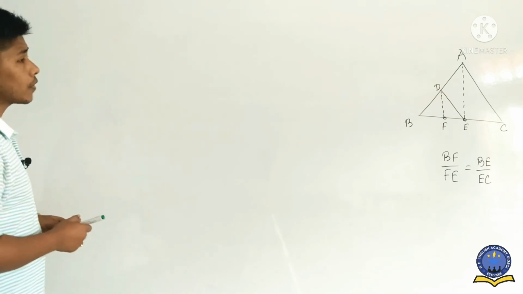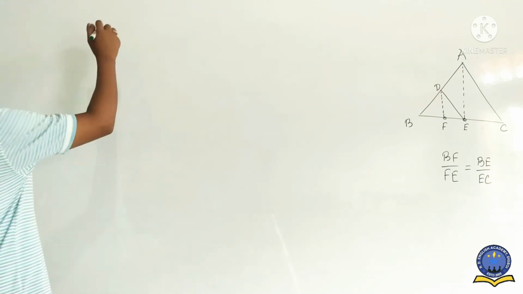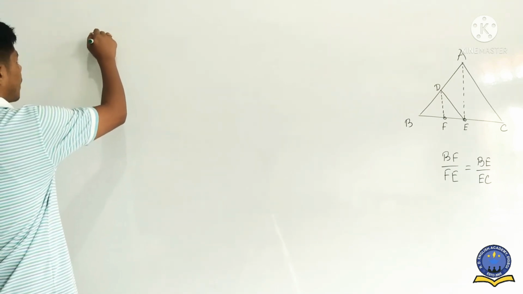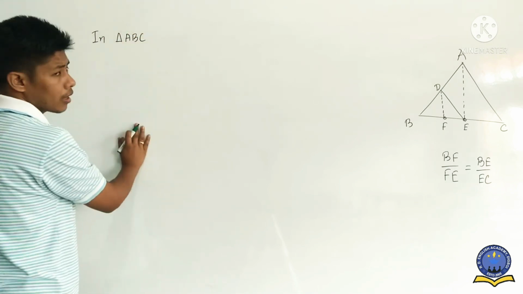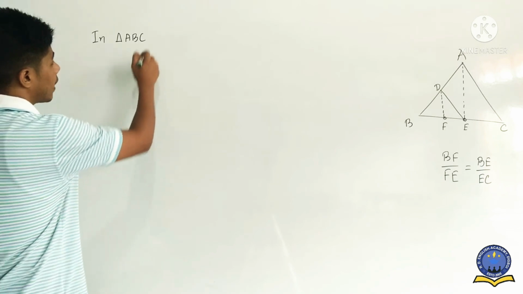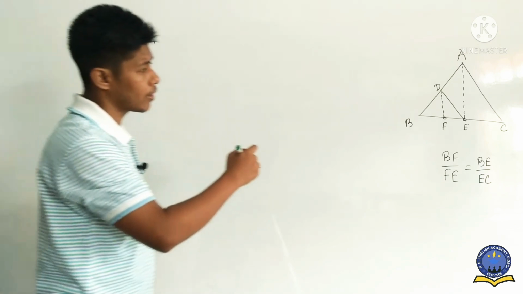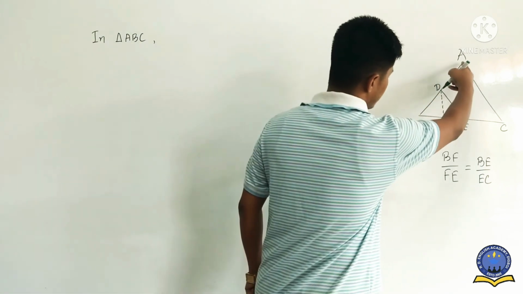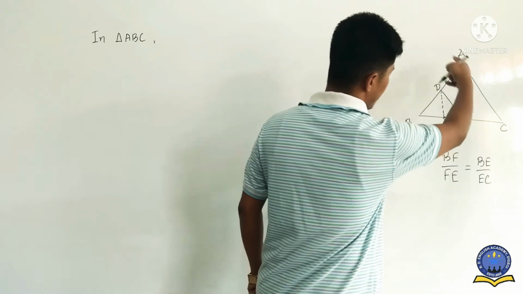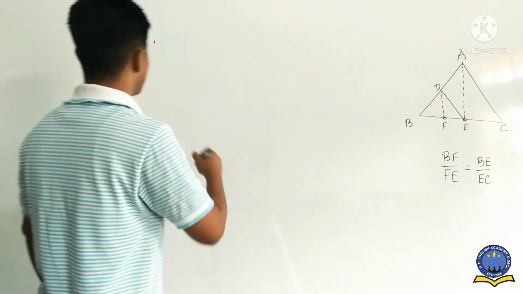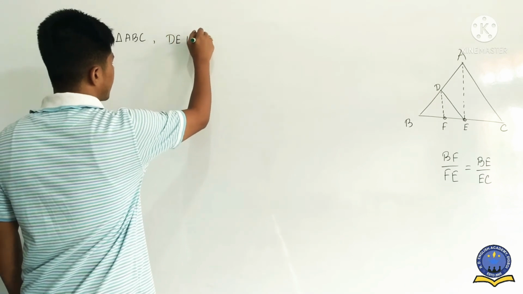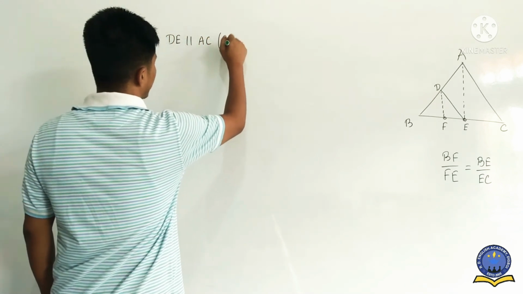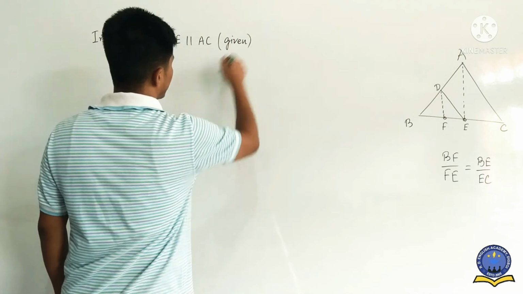So how can we prove this? First, consider triangle ABC. Already given, DE is parallel to AC. In brackets you have to write that this is given.